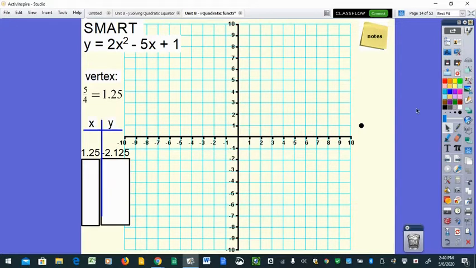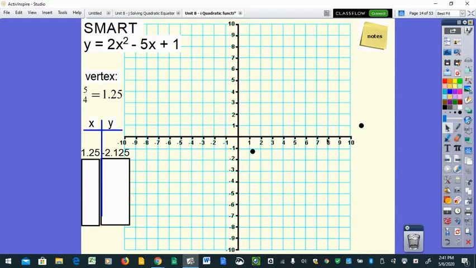Now this one is kind of a nasty one to graph. If I go to 1.25, -2 and a bit, the vertex is somewhere around there. Here is one of those cases where trying to use the axis of symmetry is going to be a little bit confusing.